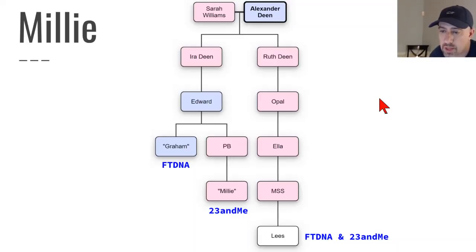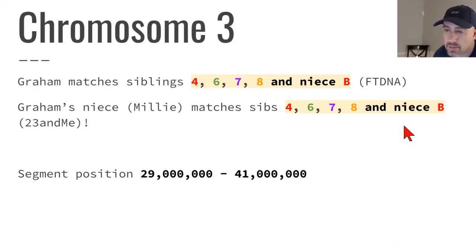And when Graham appeared, I compared notes, and I found that Graham and Millie are uncle and niece. So a very good match to explore, but we have this barrier. Graham is on Family Tree DNA, Millie is on 23andMe, and so we have a challenge in front of us.